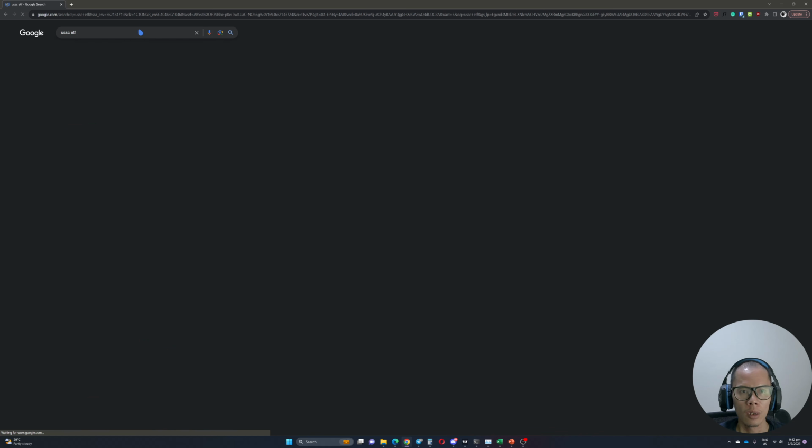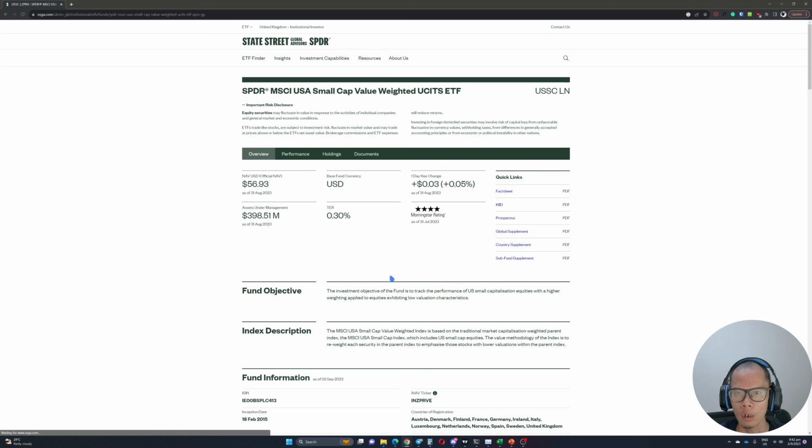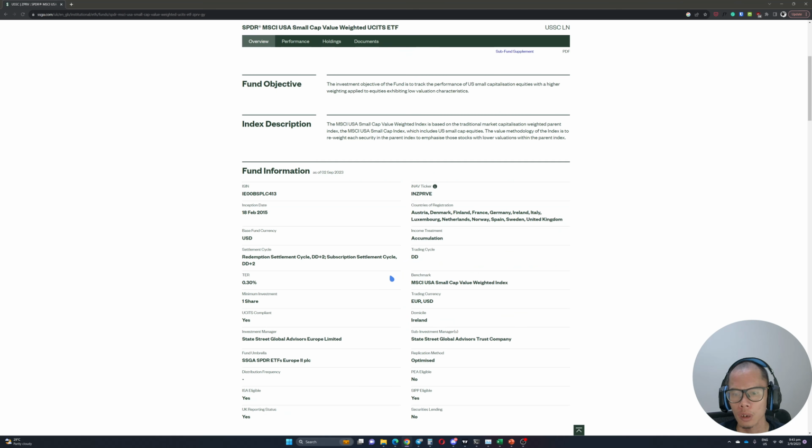This is State Street's implementation, the SPDR MSCI USA Small Cap Value Weighted UCITS ETF. This is not exactly picking the cheapest companies, but they tilt towards the cheapest companies in the small cap universe.